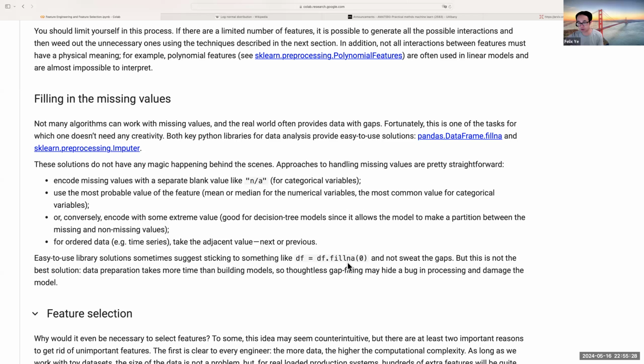If you fill those null values with zero, it just gives you some artificial values, and during training the model doesn't know these are artificial values. It thinks they are the true values.